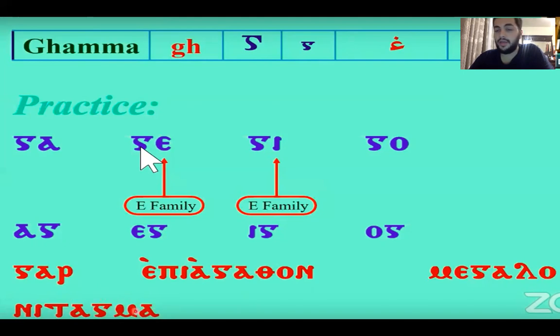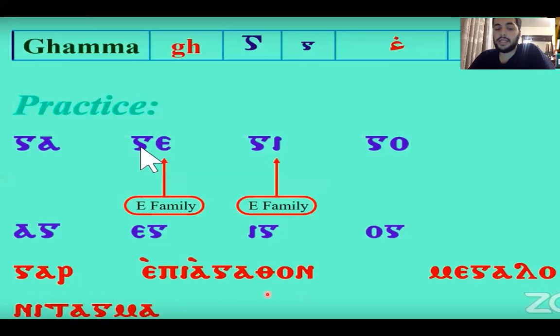But here we don't have an E family letter. We just have the letter Mu. Not a vowel, not an E family, not one of the 4 letters. So it's Ni-tag-ma. Here, this is a Tau and not a T. So it's not Ni-ti-agma. It's Ni-tag-ma. Good.